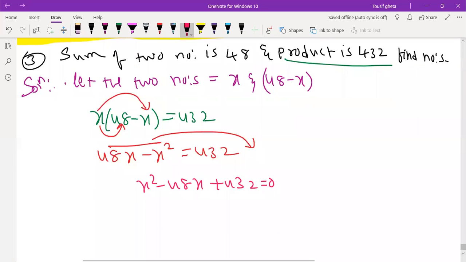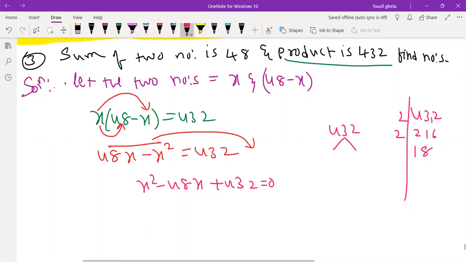Now you can take factors of 432 or you can go with the formula, as you wish, whichever you feel easy. 2 1s are 2, 2 8s are 16. Don't write 16, many people make this mistake.